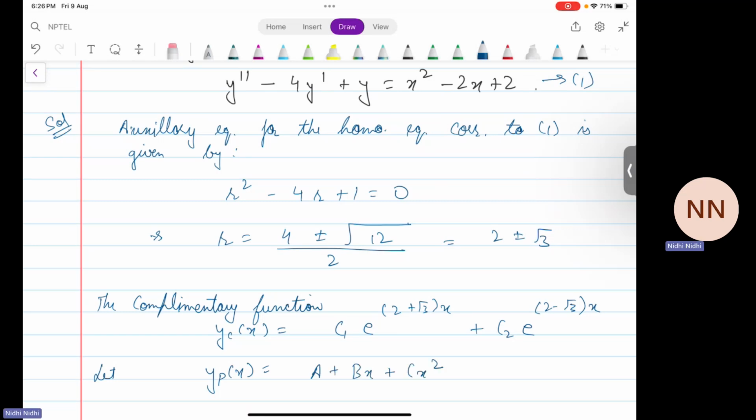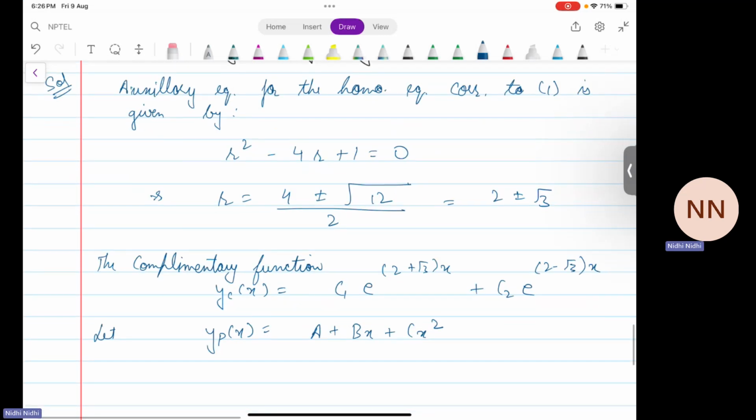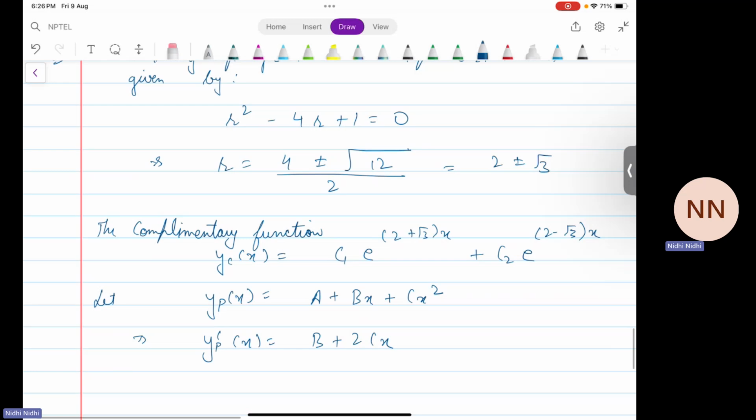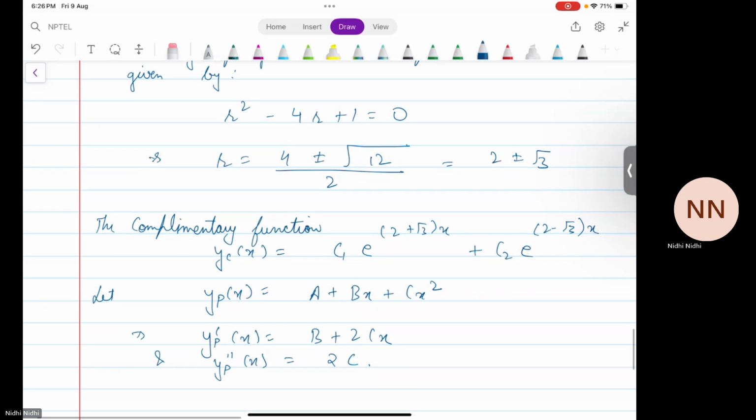Now we'll find the values of a, b and c so that this yp becomes the exact solution to our problem 1. So again, we'll find the derivatives. yp dash x is equal to b plus 2cx, and the double derivative of yp is 2c.